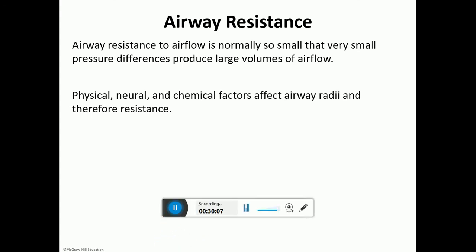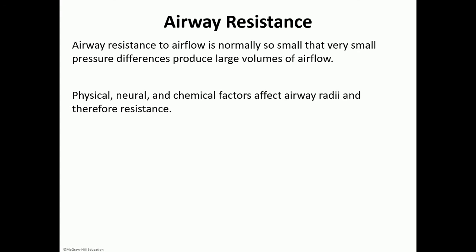Now we're going to talk about airway resistance and some of the diseases that occur due to increased resistance to airflow. As we said, the bronchi in the conduction zone are wide enough to decrease resistance to flow, and that helps the flow of air.